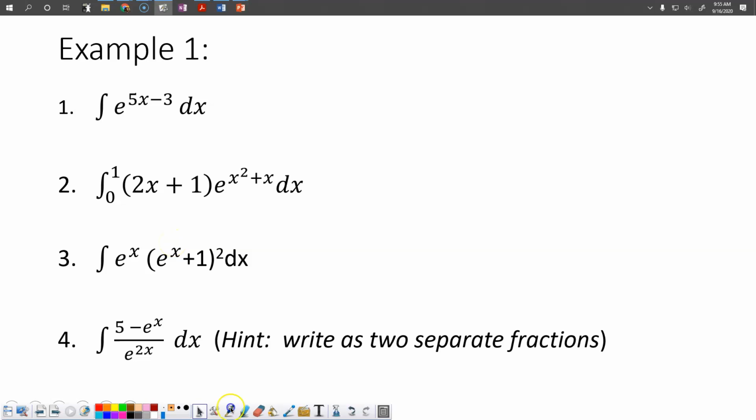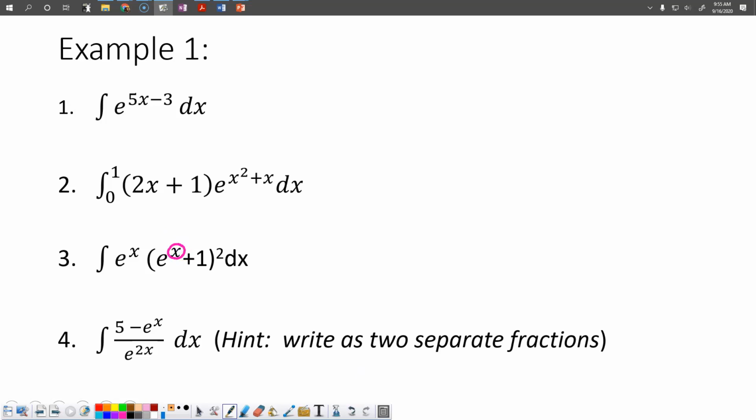All right. So, as I mentioned to you guys a little bit earlier, usually the u is the power, right? And that's what the past two problems have been. But for number 3, that's not the case. Now, how are you going to know when it's not the case? Well, first of all, look at my power. It's just an x anyway.